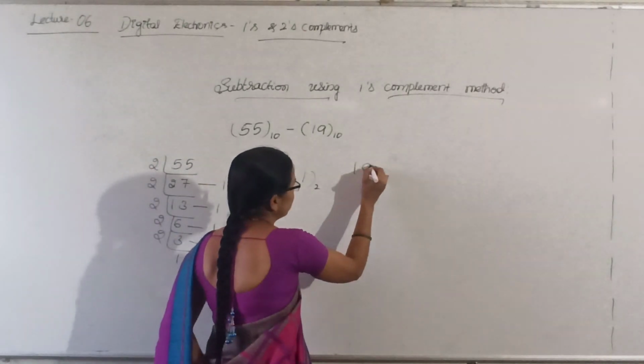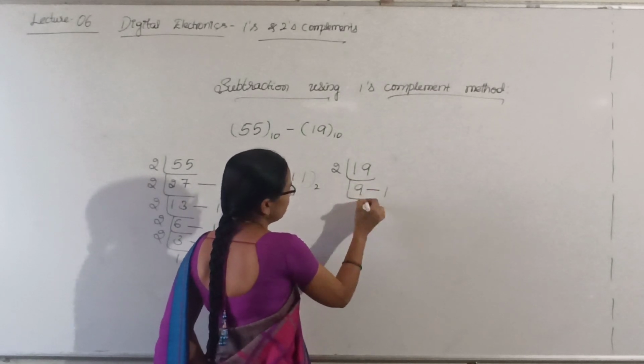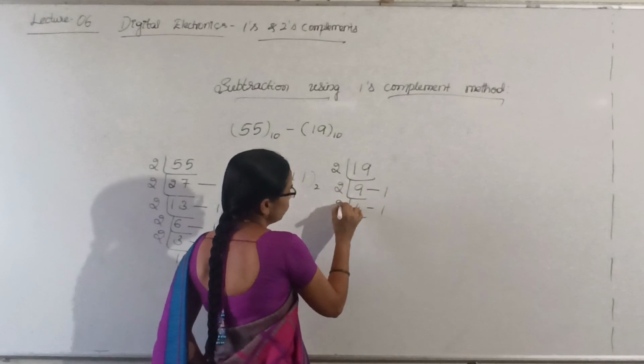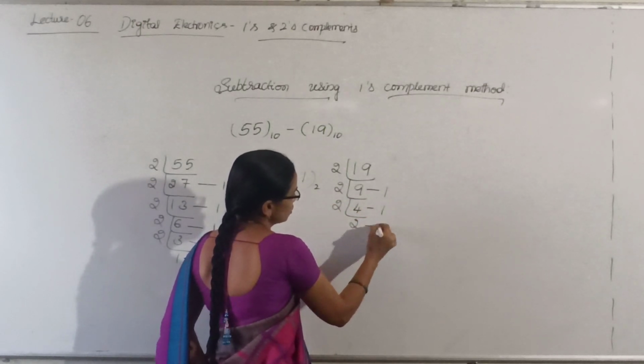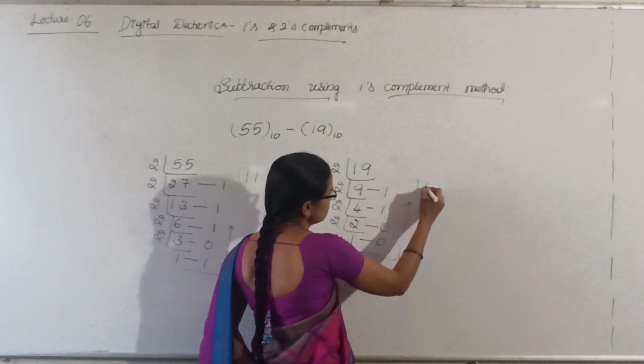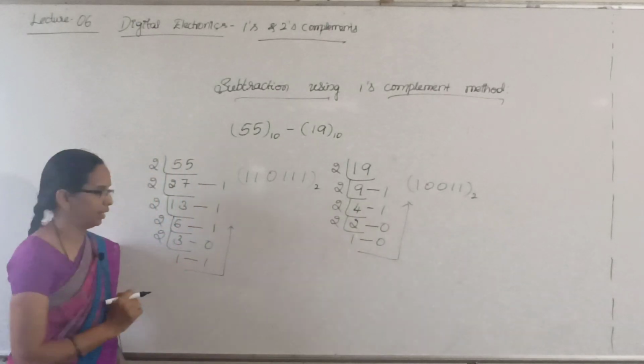And 19: 2 9s are 1 is the remainder, 2 4s are 1 is the remainder, 2 2s are 0 is the remainder, 2 1s are 0 is the remainder, that is 10011, the binary equivalent of 19.